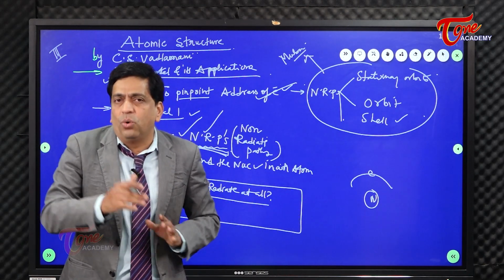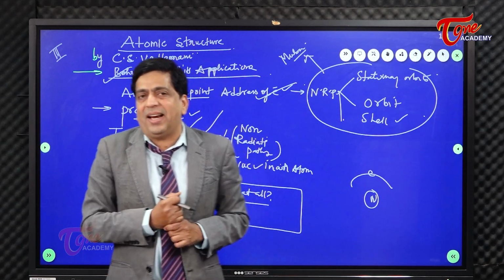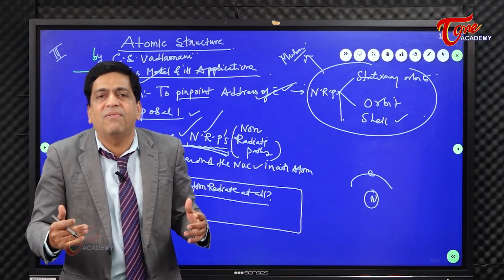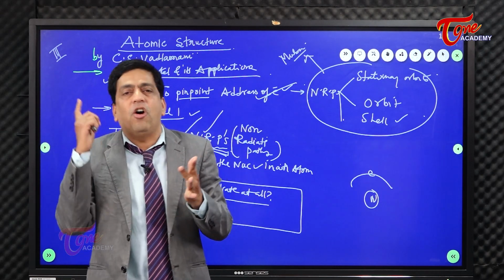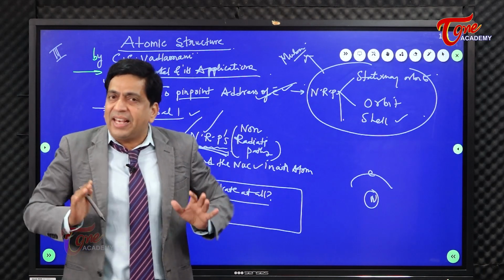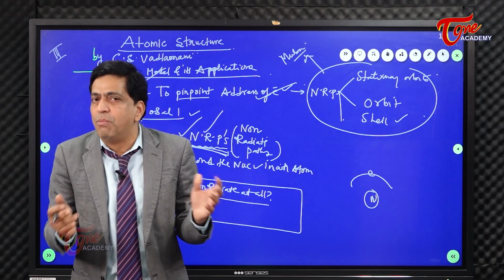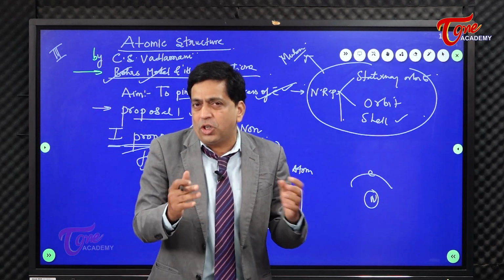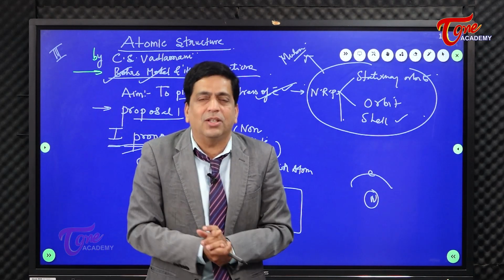So if any time you dial Bohr and ask him where exactly is the electron in the atom, he has only shell, only orbit, only non-radiating path, only stationary orbit. All these four are synonymous. Except this, Bohr has nothing to offer you. Except Mumbai, he has nothing to offer you. If you ask him where is the electron, it is there in the shell. That's all. Except shell, he doesn't know anything.